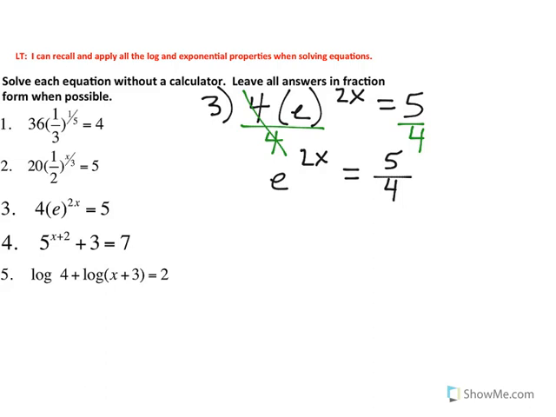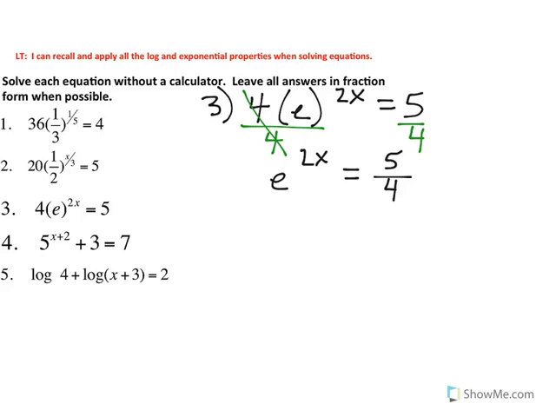I can't change my base e to be a base of 5/4 or vice versa. So method 1 is not really going to work here. So we need to try method 2.